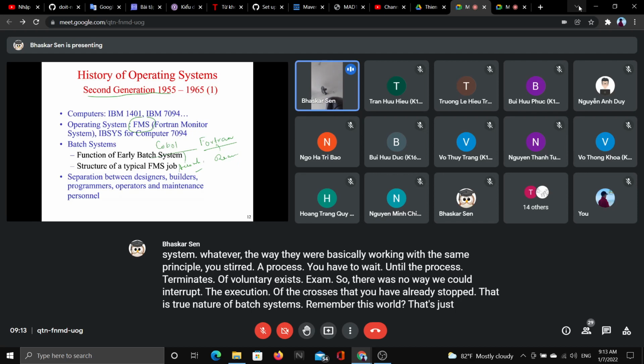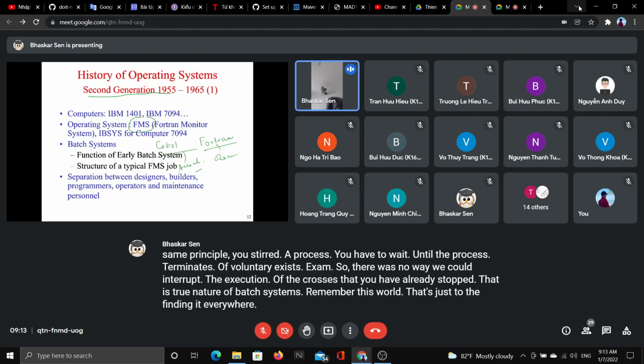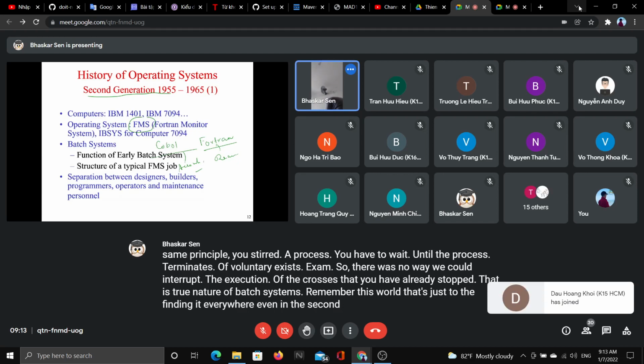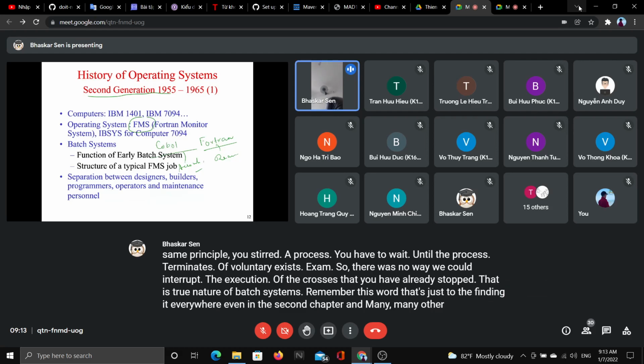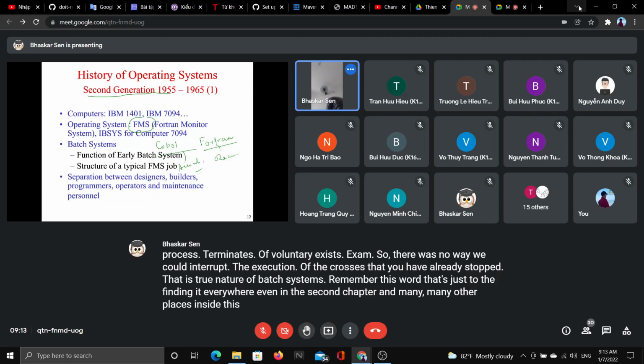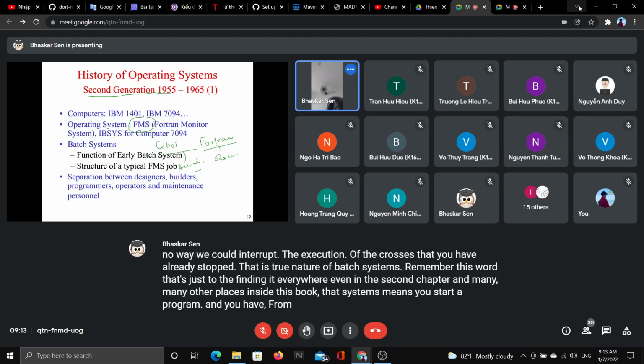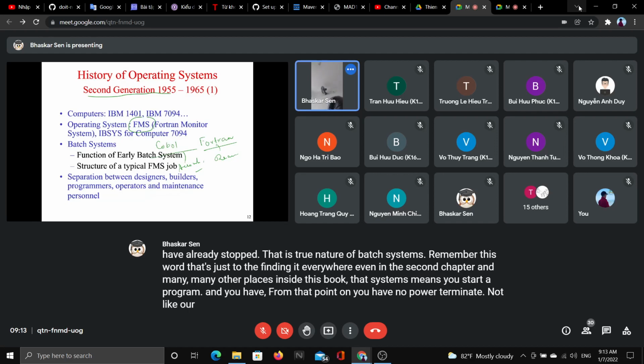You will be finding it everywhere, even in the second chapter and many other places inside this book. Batch systems means you start a program and, from that point on, you have no power to terminate it. Not like our responsive systems.